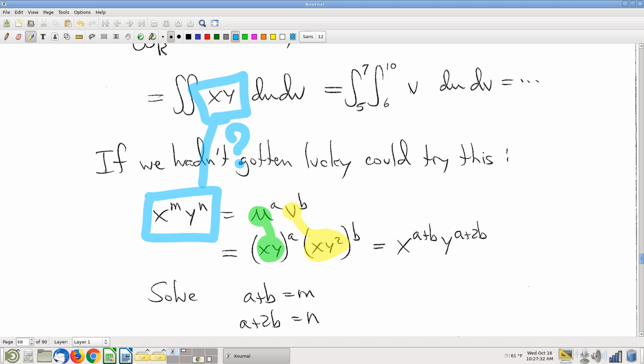These have the same structure. I'm trying to rewrite a product of powers of x's and y's in terms of other products of powers of x's and y's. And what relationship do we expect there to be between them? I don't know. Seems like a reasonable guess. Maybe this one is a product of powers of those products of powers. Seems plausible?